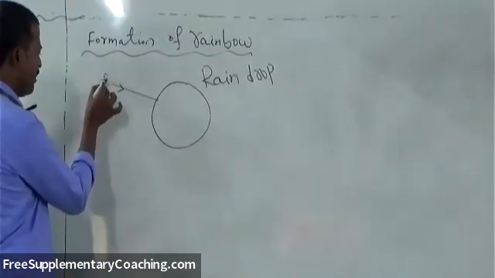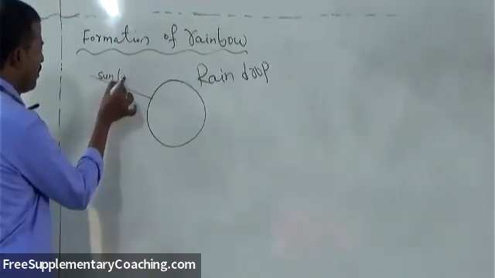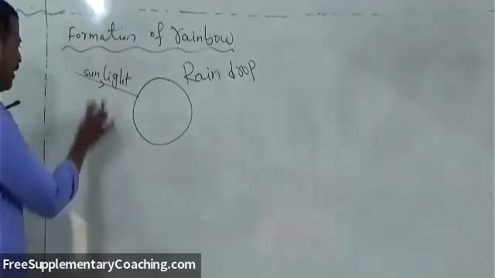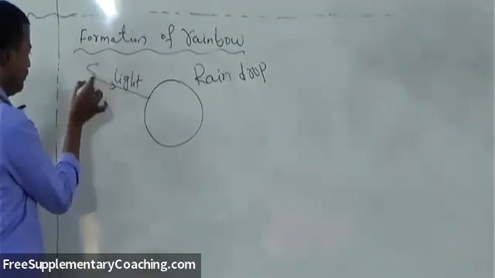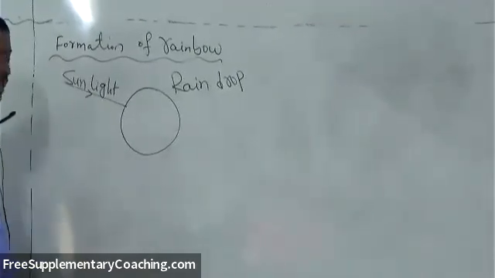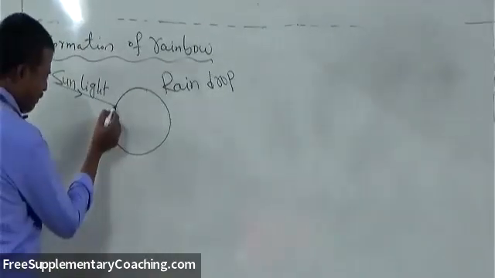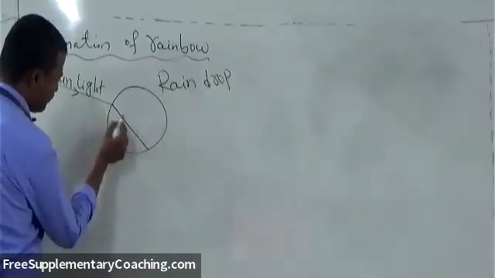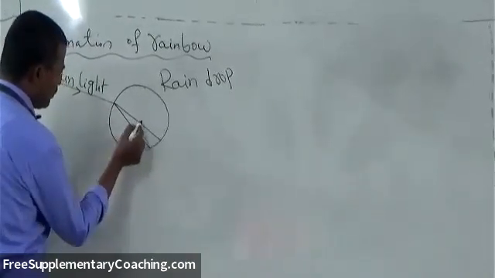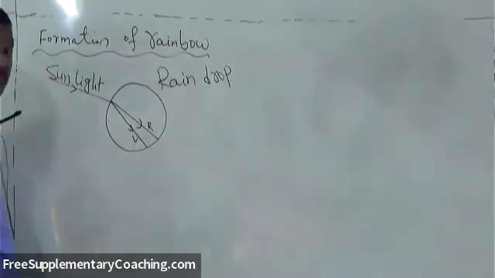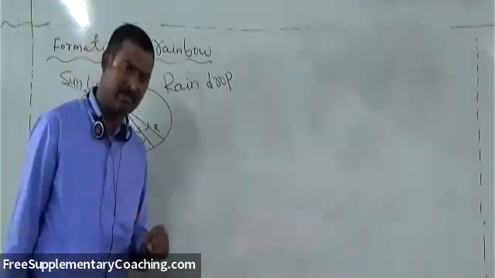This is sunlight. And as it enters the raindrop, it splits up, like violet color and red color. That is dispersion of light taking place.